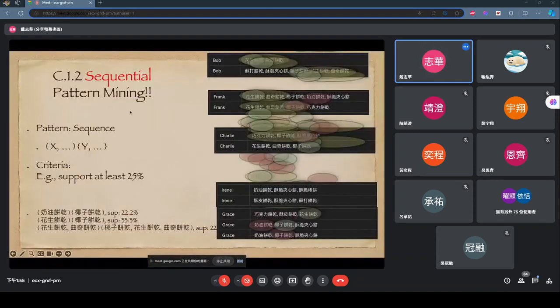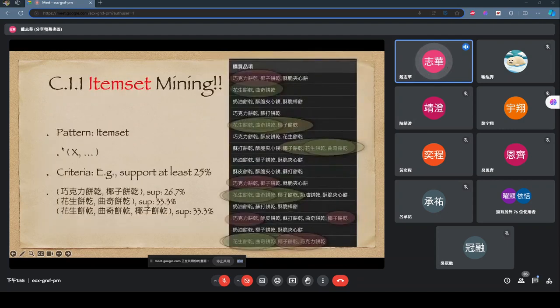The form here is we want to find sequential patterns. What does sequential pattern mean? It means one customer would purchase the first thing and then the second and the third, and so on.